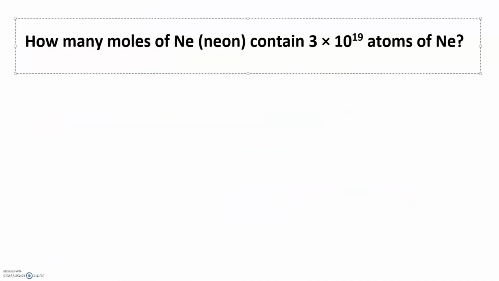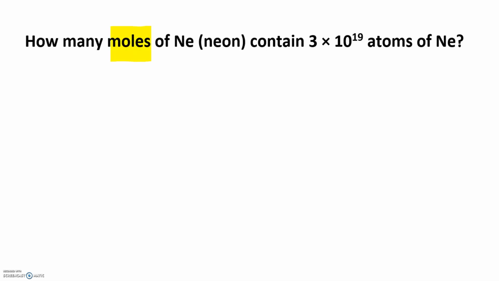All right, this time we're going the other way. We're looking for moles. We're starting with atoms. So we're going to ask how many moles of neon would be the equivalent of 3 times 10 to the 19th atoms.